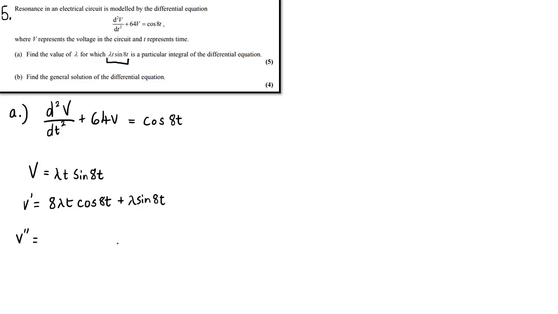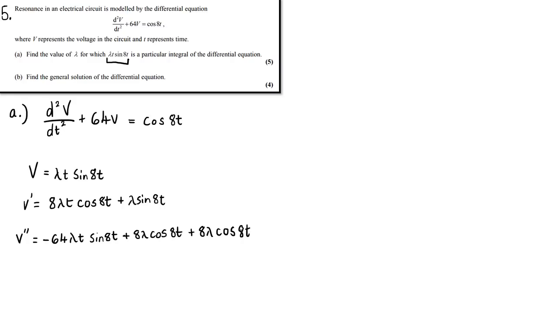So again, I won't go into massive amounts of detail on how we differentiate this, but just applying the product rule here, what I'd get is minus 64 lambda t sine 8t, and again what we'd get here is plus 8 lambda cos 8t, and just be very careful, don't forget the lambda sine 8t here at the end. If we differentiate that, we get 8 lambda cos 8t.